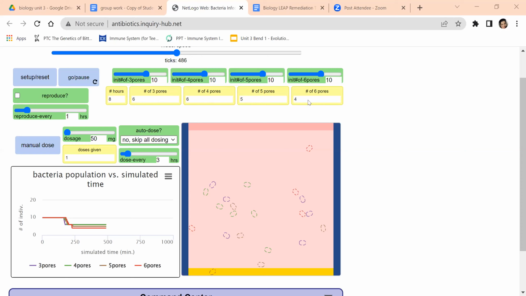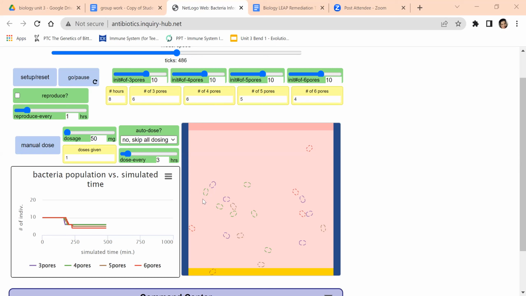Okay, so why would the antibiotics have a harder time killing the 3-pore purple bacteria and the 4-pore green bacteria? Well, if you think about it, there's only 3 openings in these purple bacteria cells, and there's only 4 openings in the green bacteria cells.